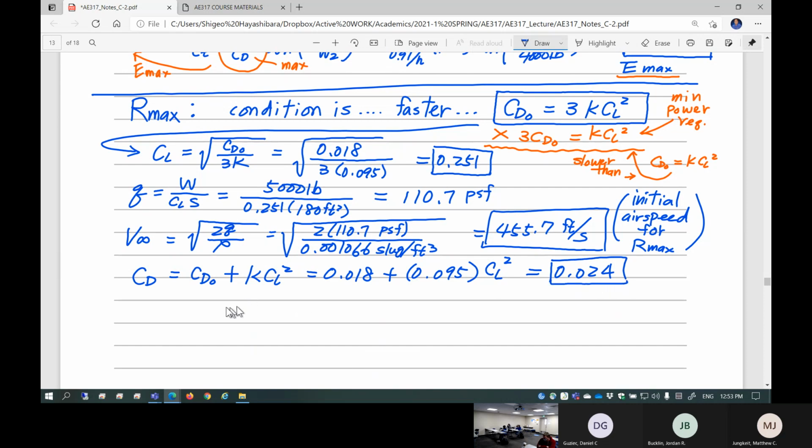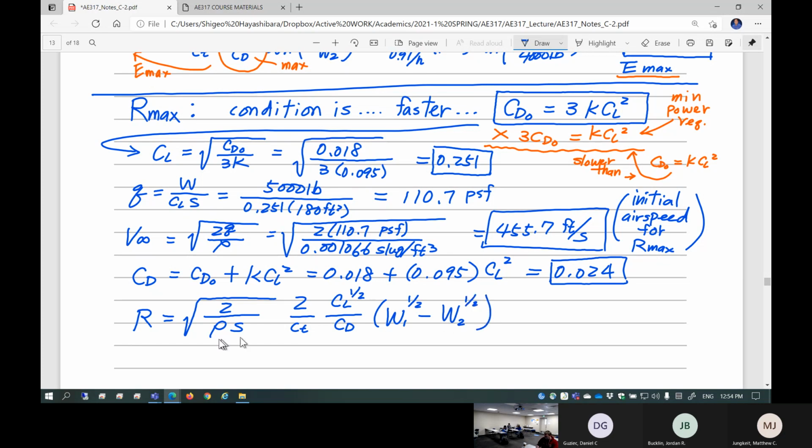Now you are going to plug into the range equation, the Breguet range equation. Do you remember that? This is the turbojet, turbofan Breguet range equation: 2 over rho S, square root, multiplied by 2 over CT, the TSFC, times CL to the power of 1/2 divided by CD, times the quantity W initial to the power of 1/2 minus W final to the power of 1/2.